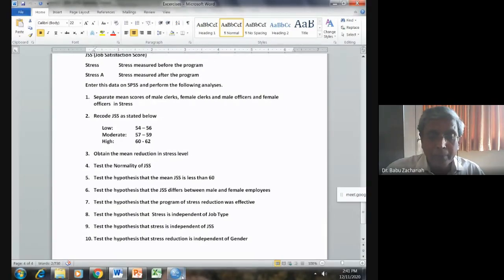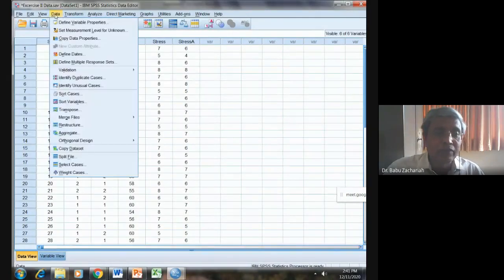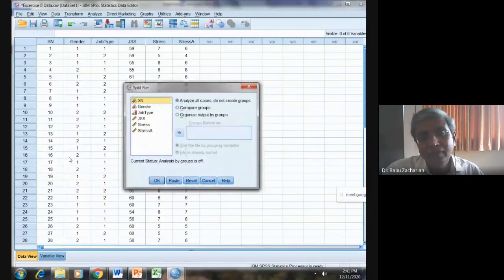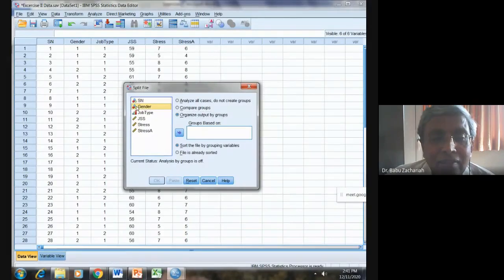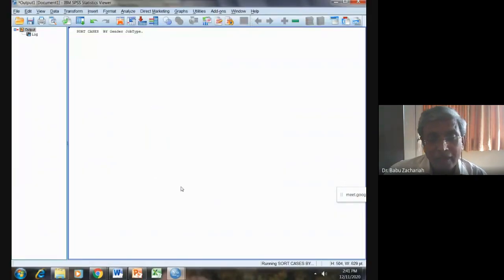So we will go and use split file using these two variables. Come here and go to the split file and organize output by groups. One is gender, another is job type. So instead of putting one variable, I have put two variables here. Okay. Now the file is divided between 2 by 2, 4 categories.